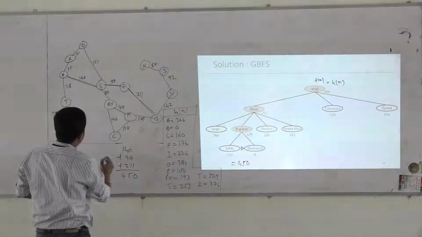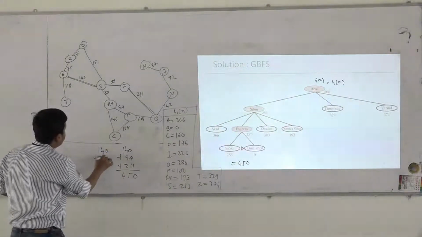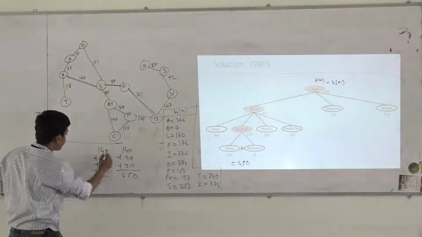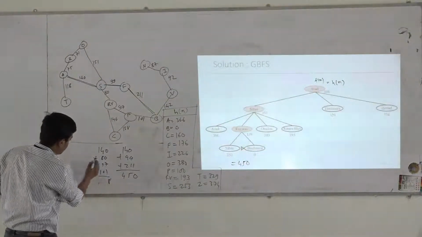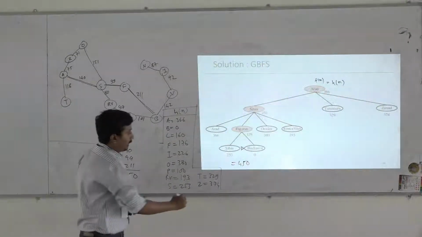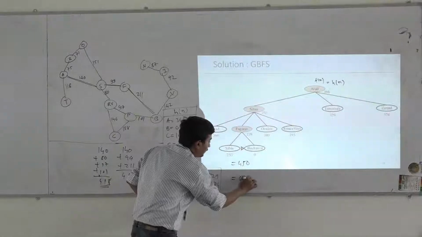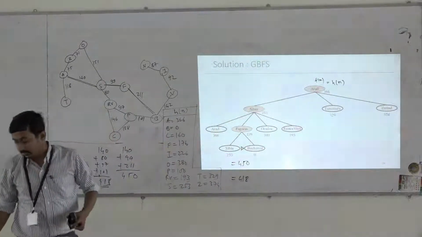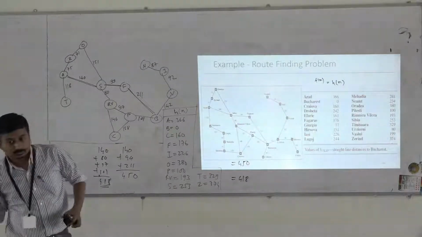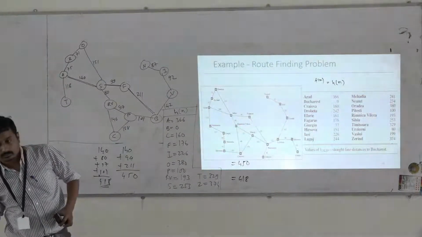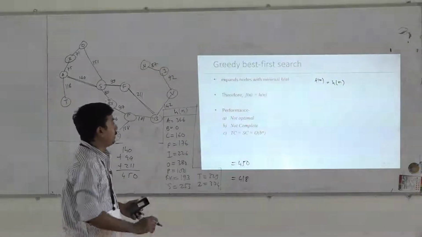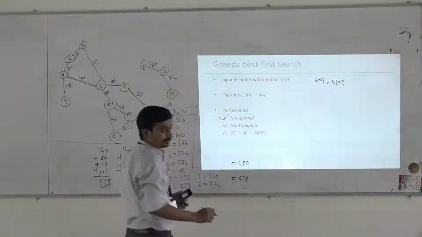Let us add those figures: 140 plus 80 plus 97 plus 101, which is 418. So from this example only we can conclude that greedy best first search is not optimal.